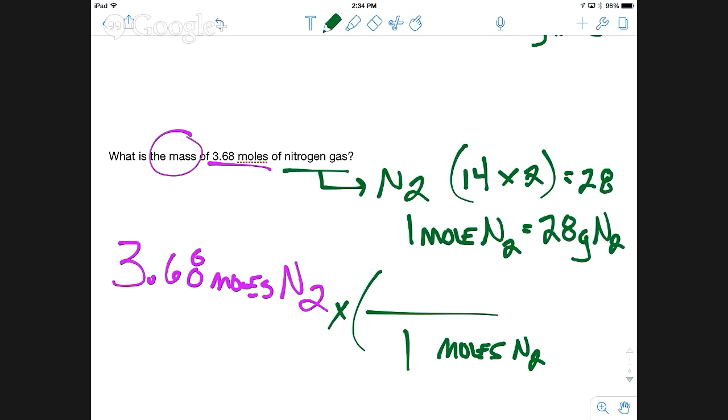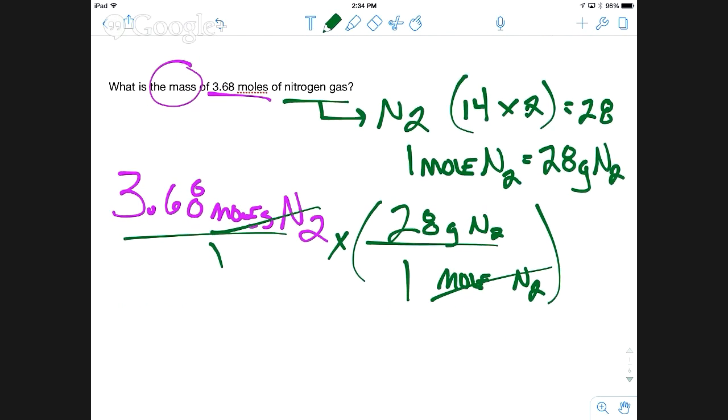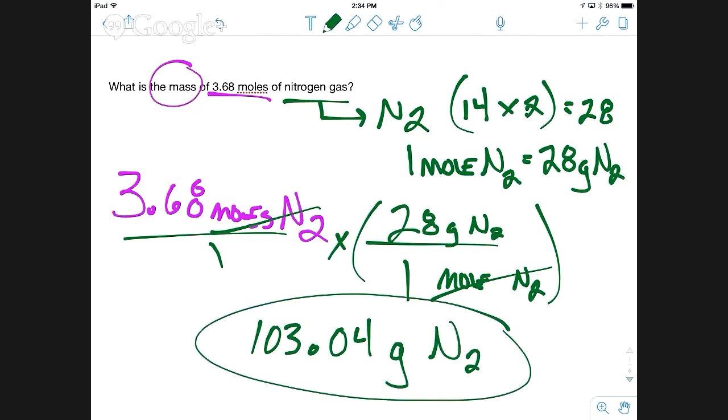And I know that 1 mole of N2 is 28 grams of N2. So that cancels my moles of N2 because they're opposite each other. This is like it's over 1. And that leaves me with 3.68 times 28, which I'm coming up with 103.04. And my units would just be grams of N2. But that was all homework page 3, I think, on the Unit 9 packet.